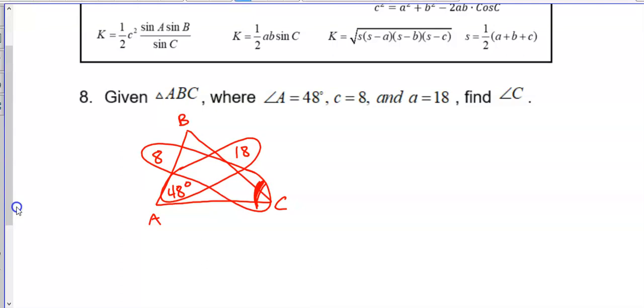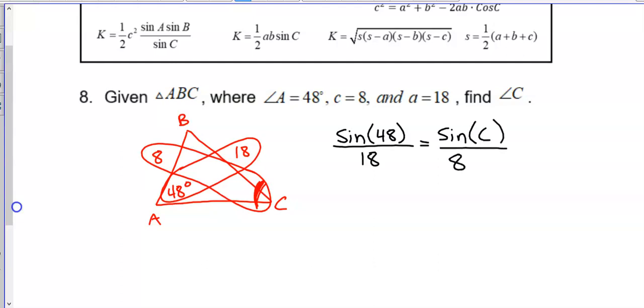So from there, we're going to set up our ratios, our proportion. So we can do sine of 48 over 18 equals sine of C over 8. Multiply crossways. So 18 times sine of C equals 8 times sine of 48.